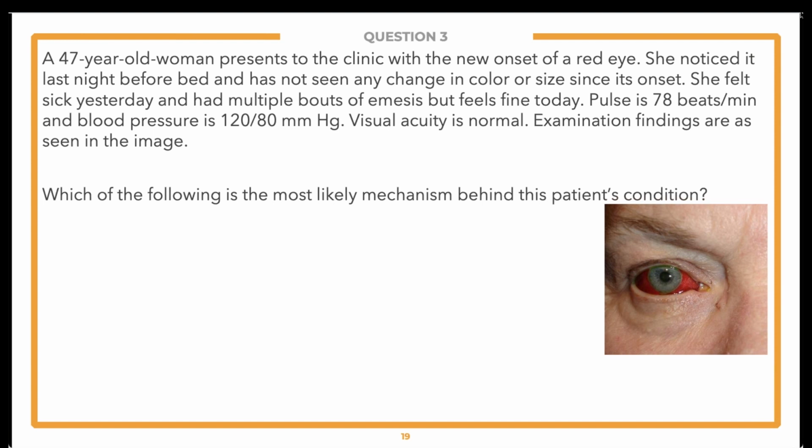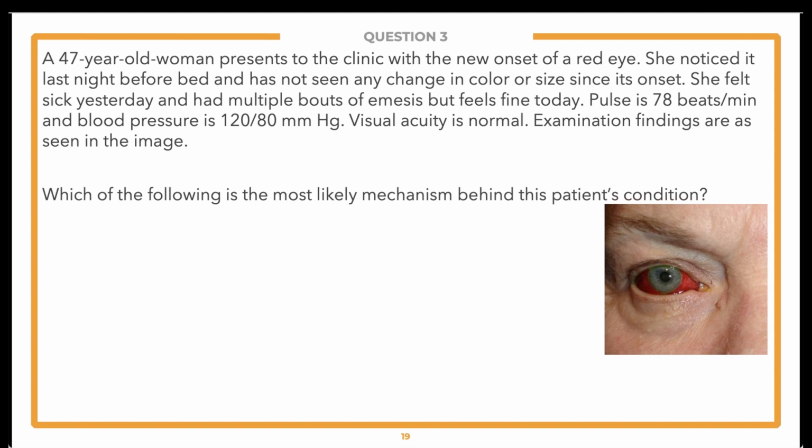So now you know a little bit about what you're going to be looking for, and what has caused such an ocular presentation. So knowing that, let's go ahead and read the vignette. A 47-year-old woman presents to the clinic with the onset of a red eye.